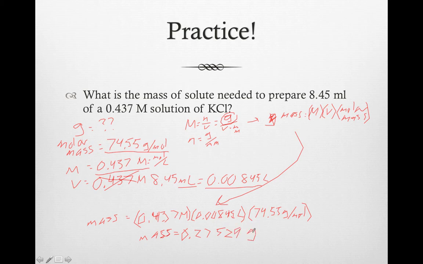Then I need to go back: how many significant digits do I need? I had 3 in this number and 3 in this number, so my answer also needs 3. So this is equal to 0.275 grams of KCl, and that is your answer for molarity there.